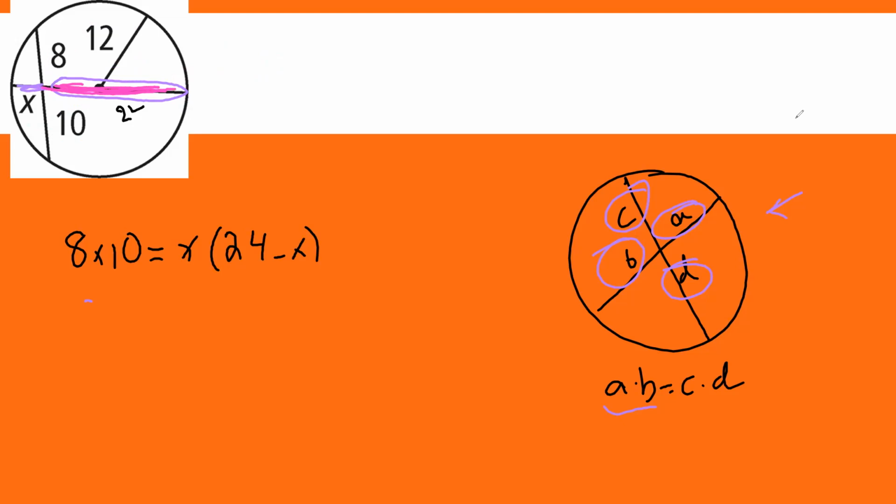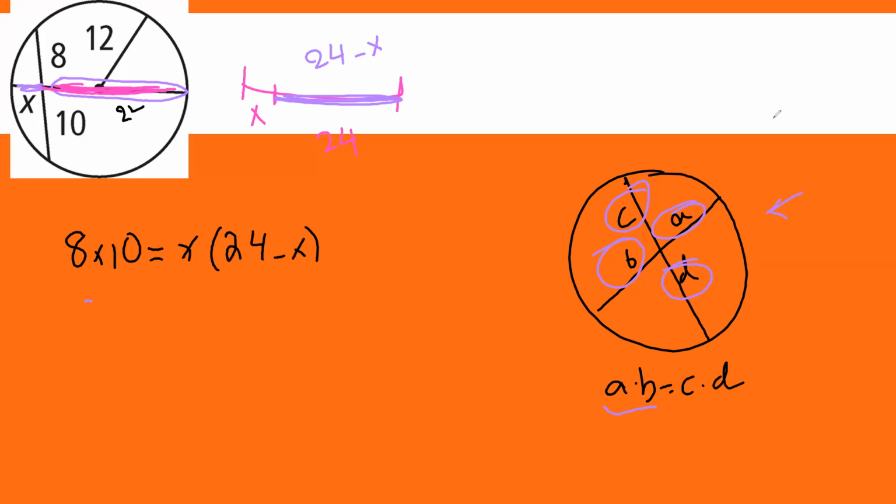We know that the whole diameter is 24, and this part is x. So what is the length of this part here? It will be 24 minus x. Is it clear? Yes, teacher.